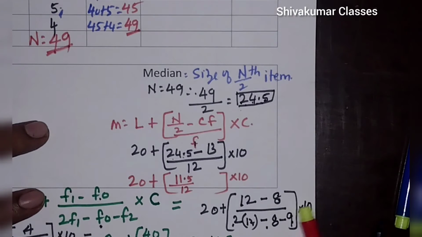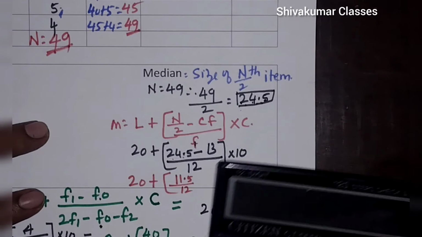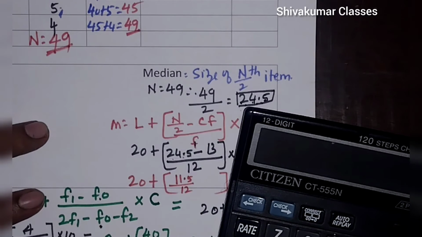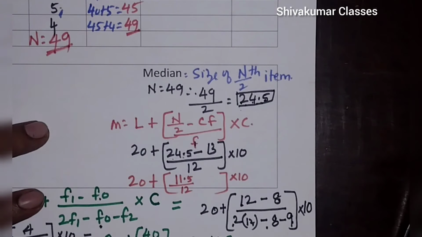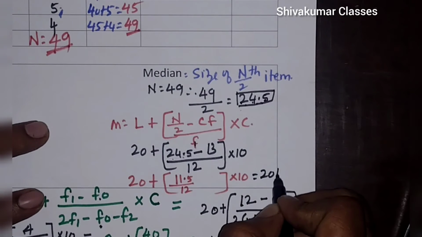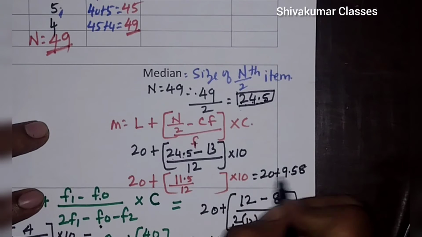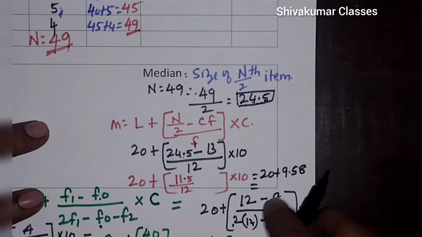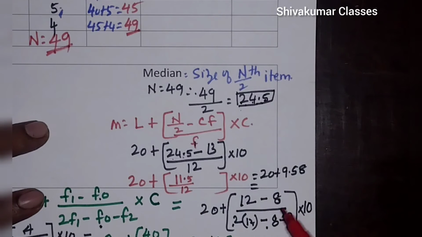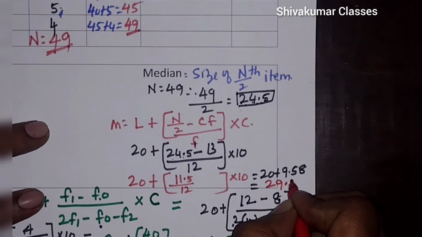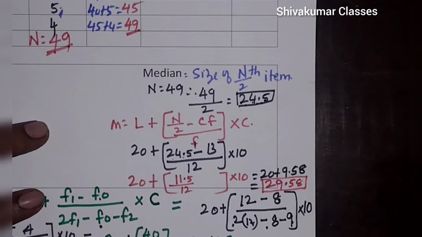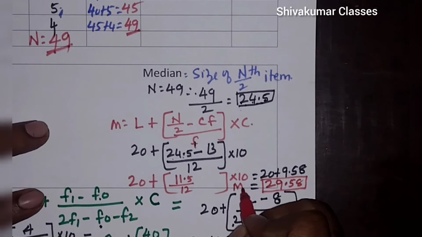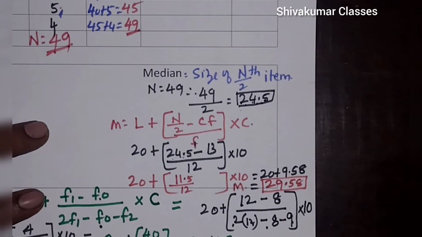So I multiply 11.5 into 10 divided by 12, which is 9.58. Then 20 plus 9.58 is equal to 29.58. So 29.58 is my median.